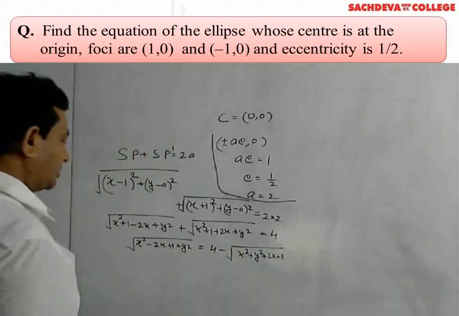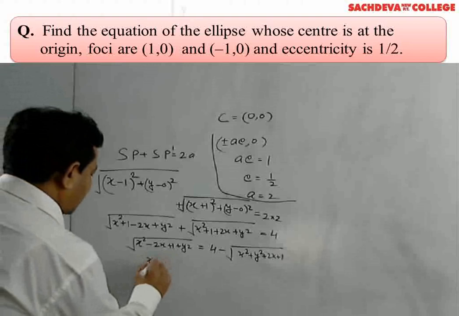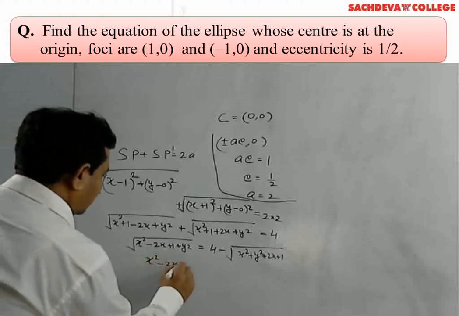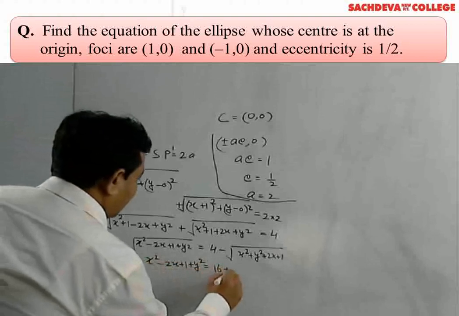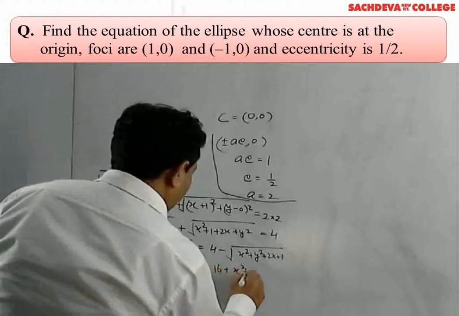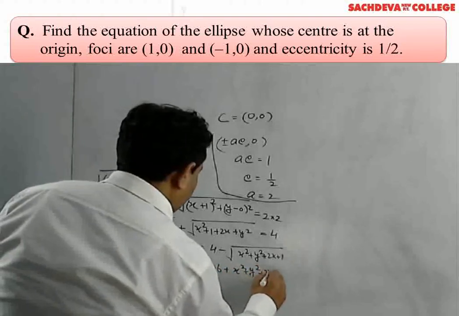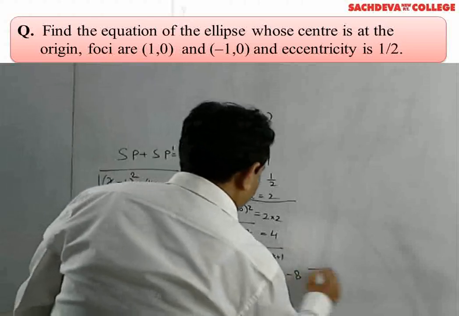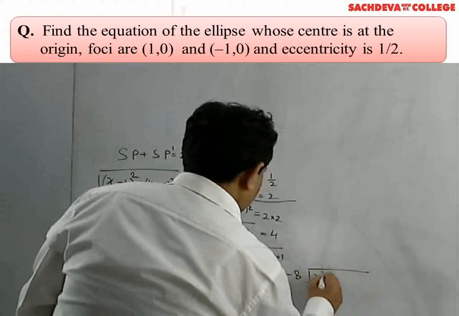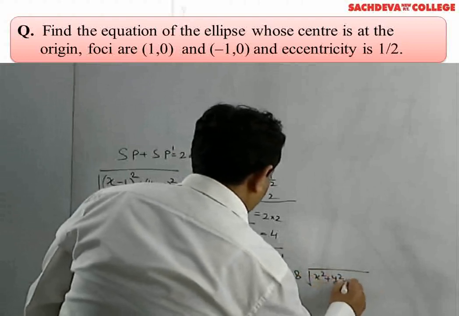On squaring both sides, we find x square minus 2x plus 1 plus y square will be equal to 16 plus x square plus y square plus 2x plus 1 minus 8 into root of x square plus y square plus 2x plus 1.